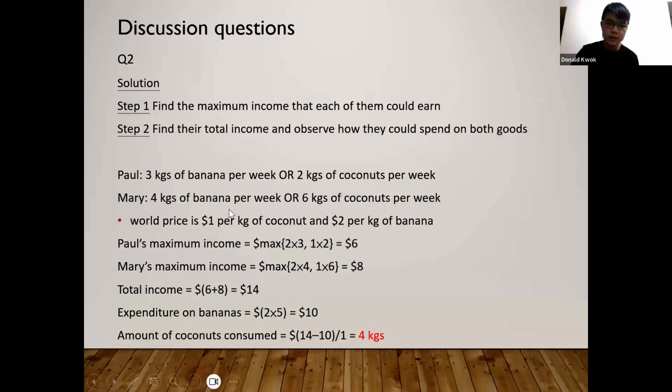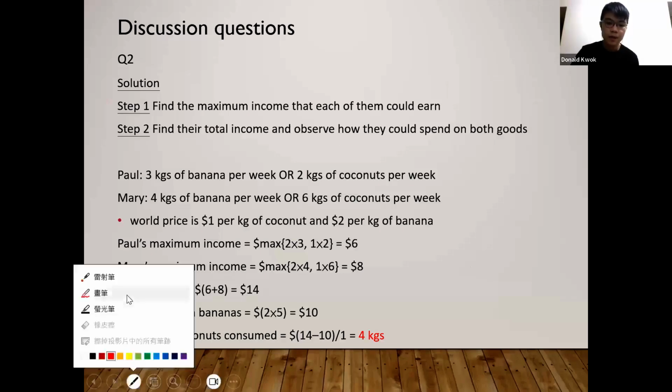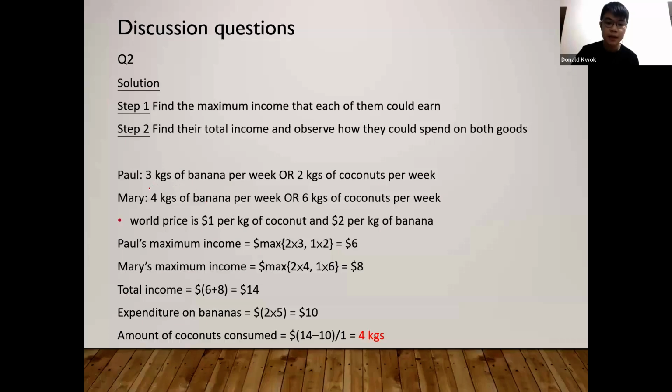Okay, so let's say for Paul, if he is producing banana, he can earn 3 kg of banana multiplied by $2, which is $6. Or if he is producing coconut, he can produce 2 kgs multiplied by $1 to earn $2. And obviously 6 is greater than 2, then Paul would produce bananas to earn $6.